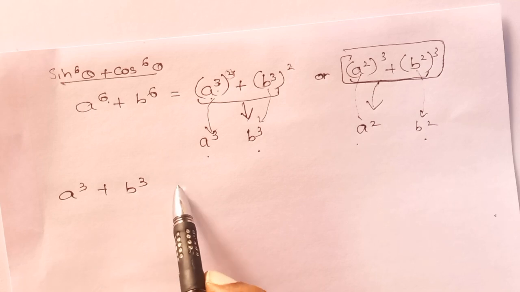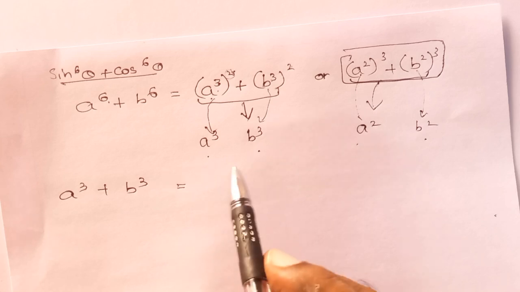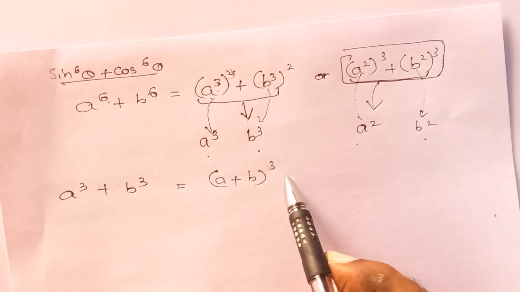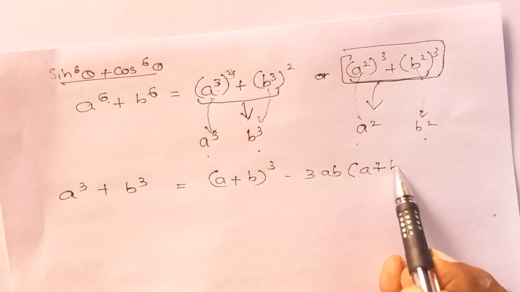So what is the formula for a cube plus b cube? We have two formulae for a cube plus b cube. One is a plus b the whole cube minus 3ab of a plus b.